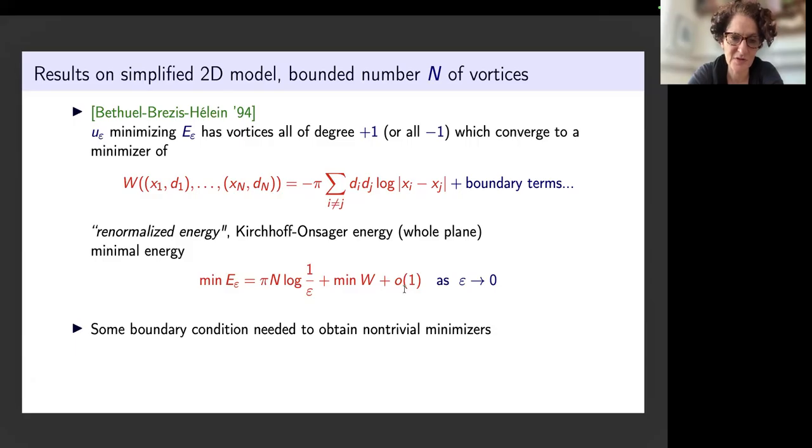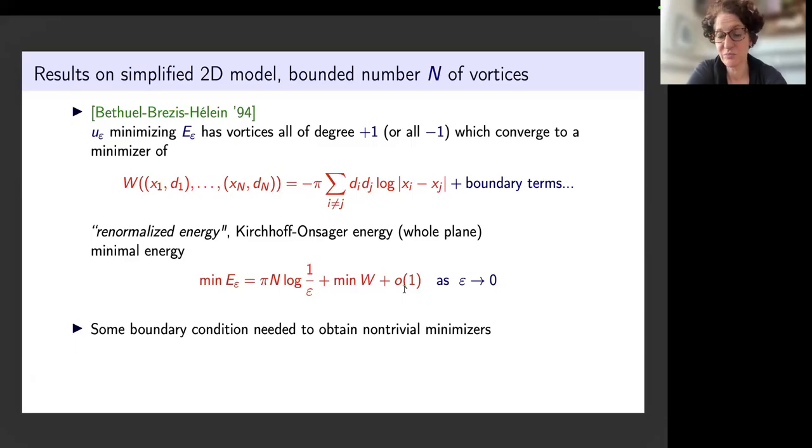And Bethuel, Brézis, Hélein pioneered this study in a famous book. Among other things, they showed that if you take minimizers of the energy, the vortices will all be of degree +1, or all of degree -1, up to change of orientation, if you want.